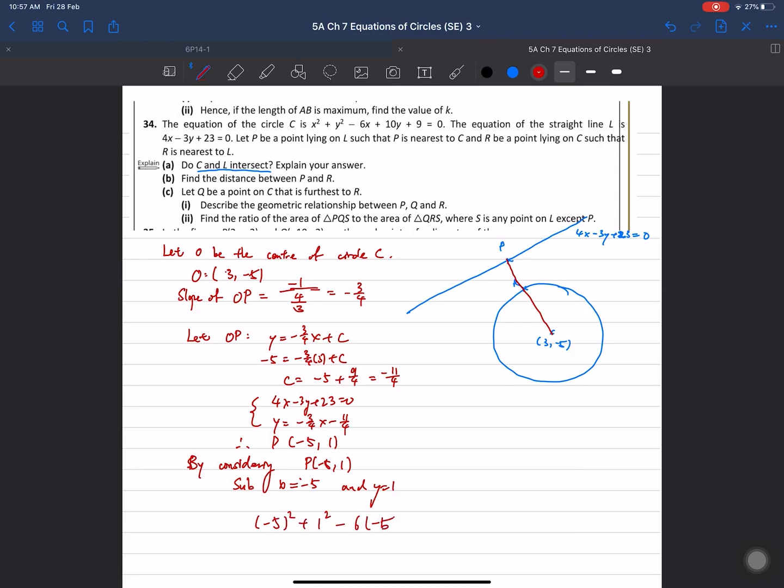After that, I can claim it is greater than 0. So P lies outside. So C and L do not intersect.